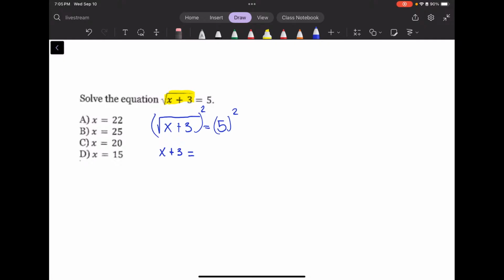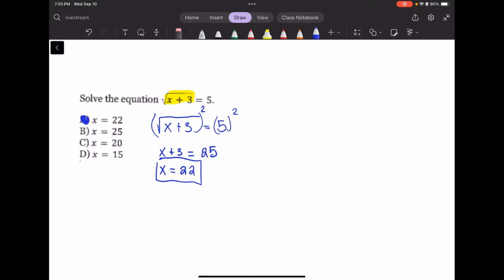To get rid of the radical, that means we have to square it, right? And if we square that side, we have to square the opposite side. So we know exponent and radical cancel each other out. This is very similar to what we do on quadratic equations when we use the radical to cancel out the exponent. So we have x plus 3 is equal to 25. When we subtract 3, x is equal to 22. So our answer would be A.